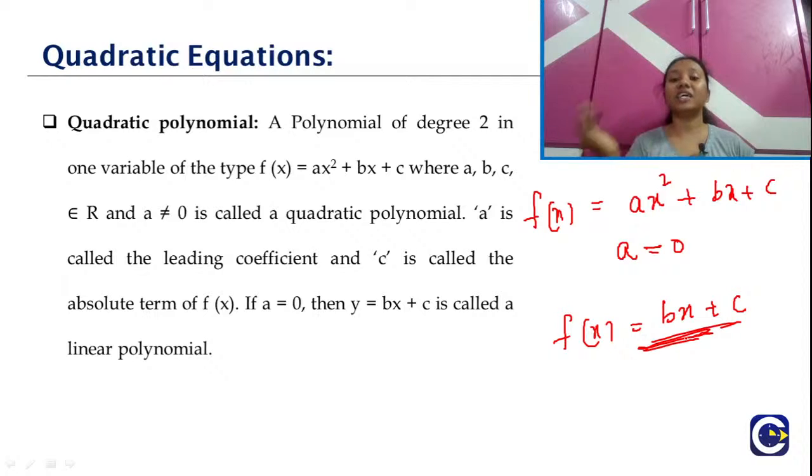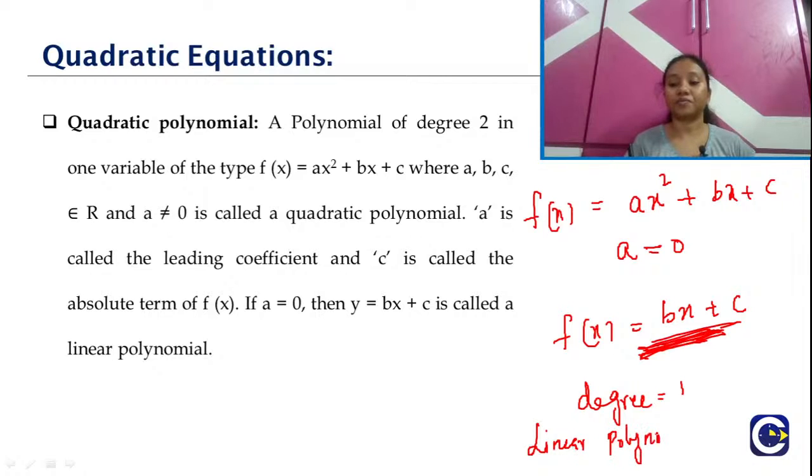So when the leading coefficient becomes 0, it actually reduces the degree. Then our main degree turns out to be 1, which means this is no longer a quadratic polynomial. Instead, the degree is 1 for this polynomial, and it is called a linear polynomial, right? So when writing a polynomial, the leading coefficient can never be equal to 0.